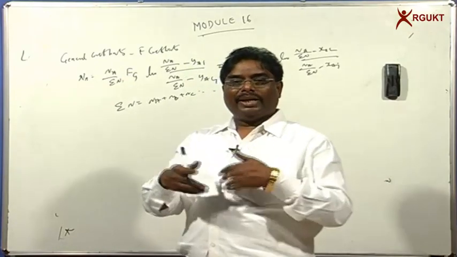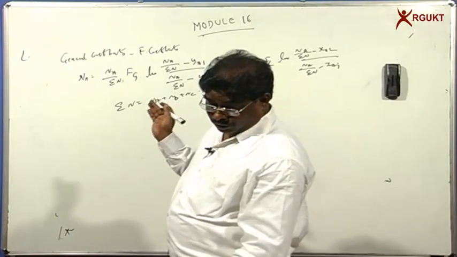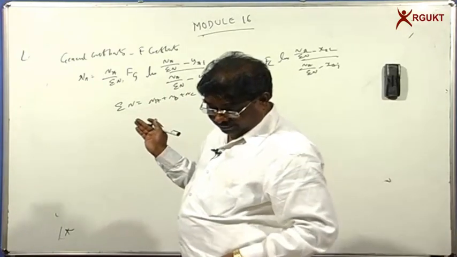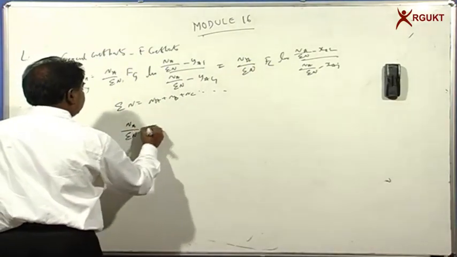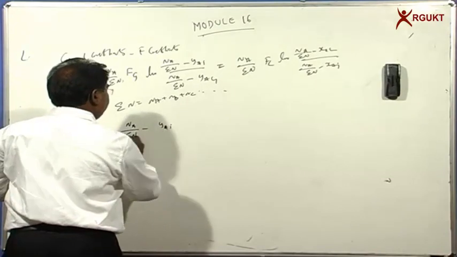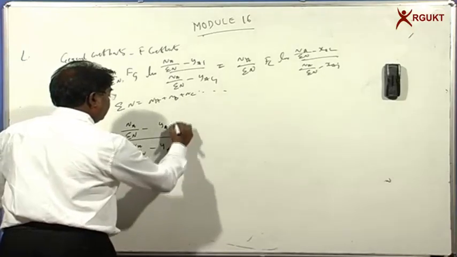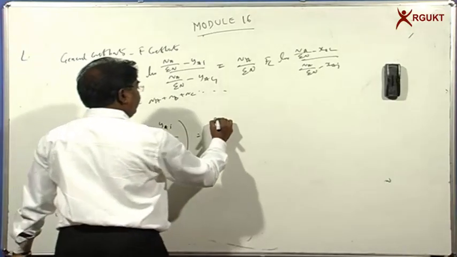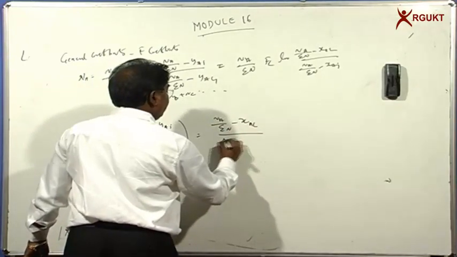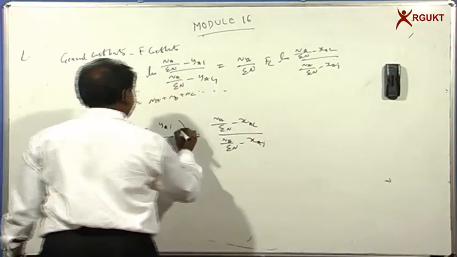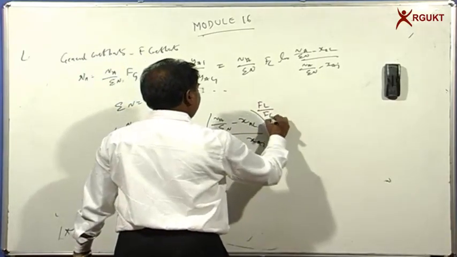So we have to use some sort of iterative method to solve the expression, where Na by sigma n, Yai, Na by sigma n, Yag is equal to Na by sigma n, Xal, Na by sigma n, Xai to the power of Fl by Fg.